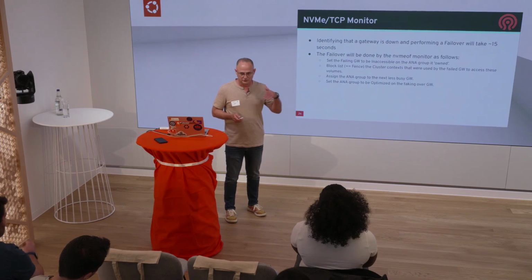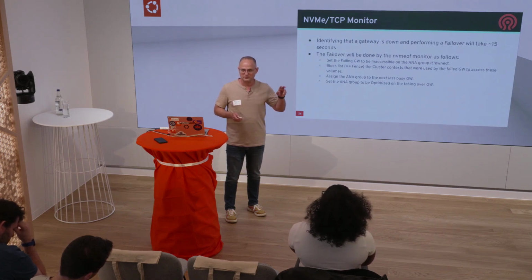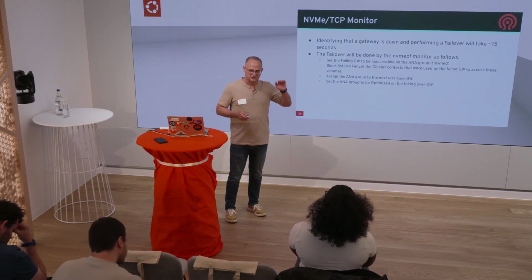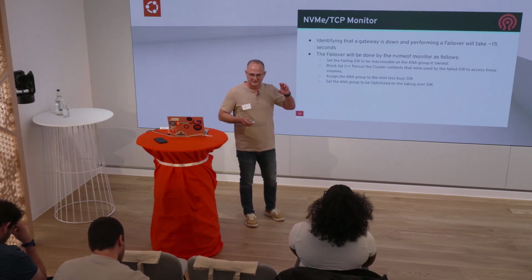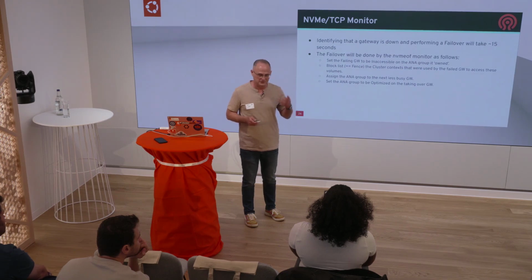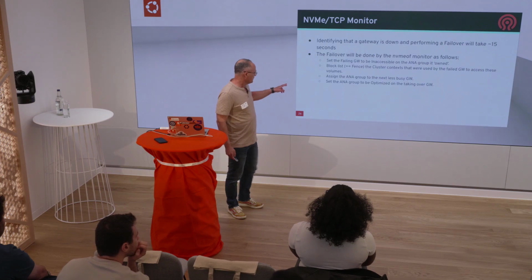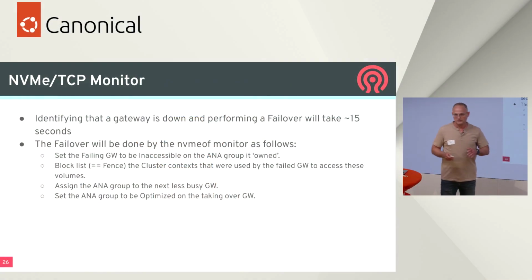We are making sure that the taking over gateway is getting the map with the new epoch to be sure that nobody else is going to be able to write from an older epoch to these namespaces. And we assign the ANA group.